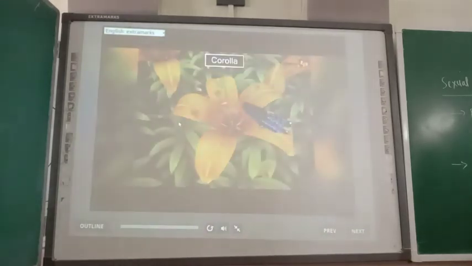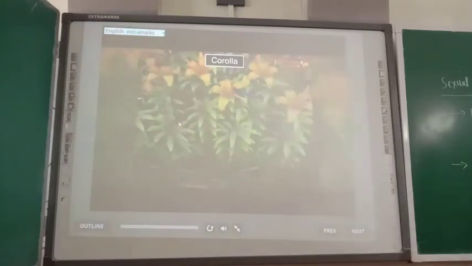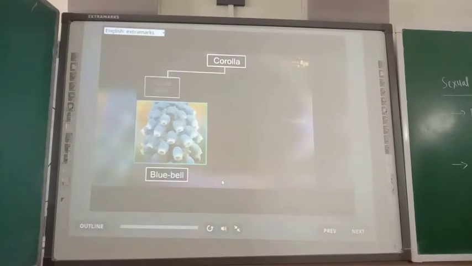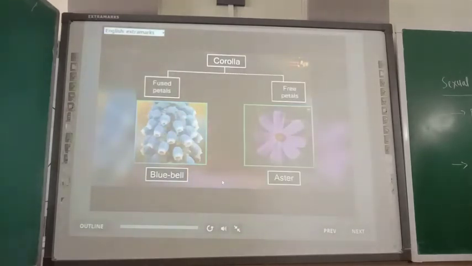Corolla is generally large, elaborate, bright-colored and sweet-smelling, which helps in attracting insects, moths and honeybees during pollination. Like sepals, petals are also united as well as free. For example, blue bellflower has fused petals, while aster flower has free petals.